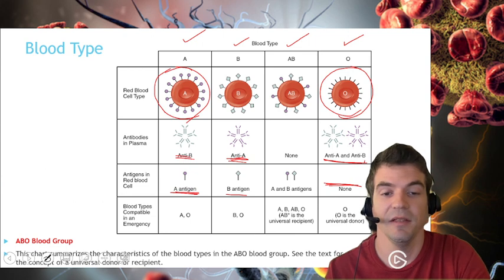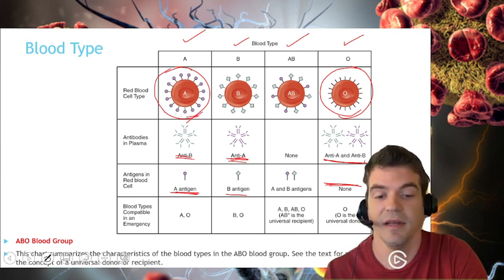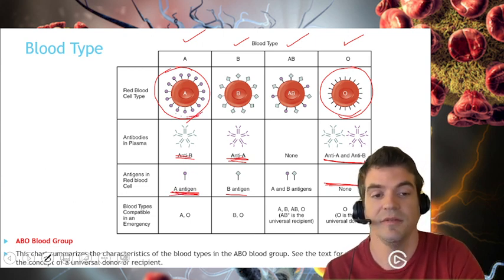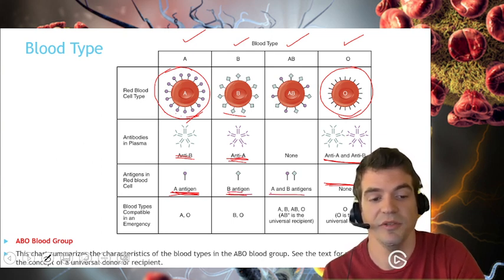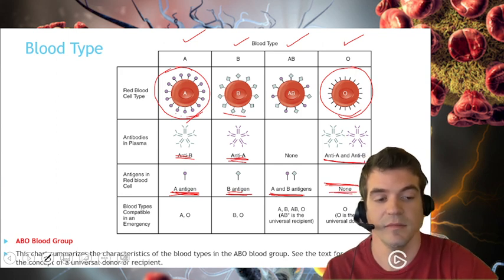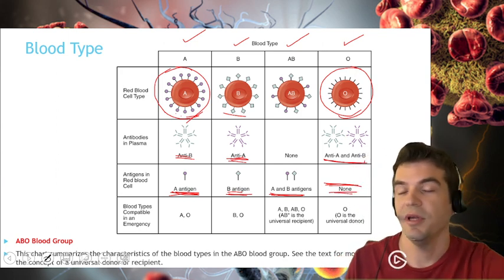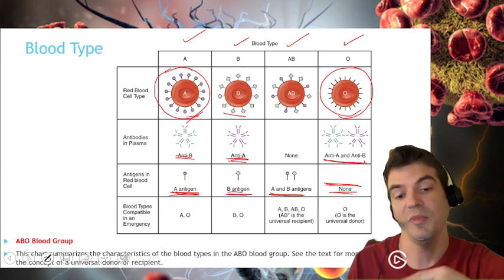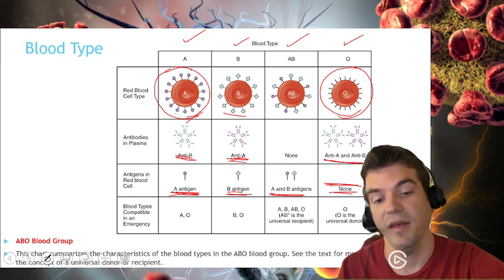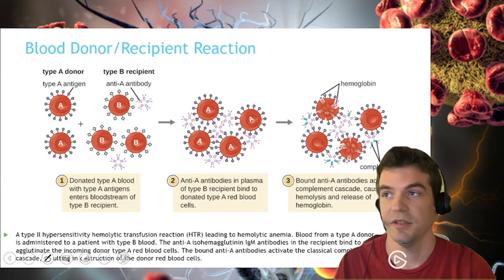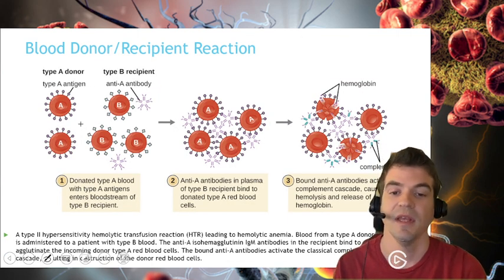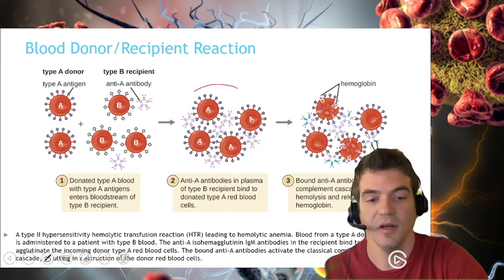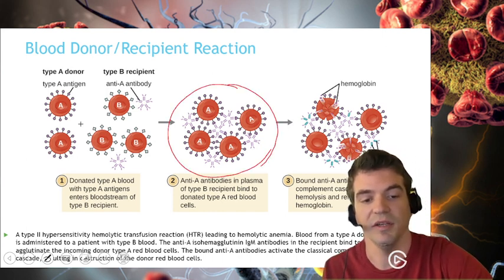So A has an A antigen, B has a B antigen, AB has both antigens, and O has none. And so you can see now that if you encounter B blood and you have type A, you will cause this reaction, and all of your blood will start to bind and clump together.